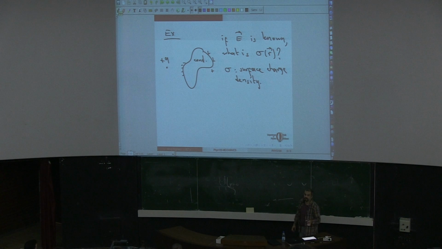Now, in this question, somebody tells you that, hey, look, in this region of space, this is the electric field we have. How can you determine the charge distribution in that region of space? So somebody just comes and tells you, look, here, this is the electric field. So what is the charge density, charge distribution here on the surface of the metal? How can we determine that one?